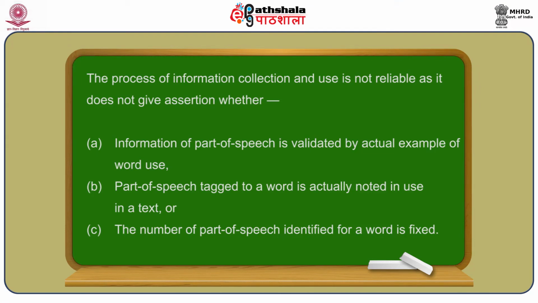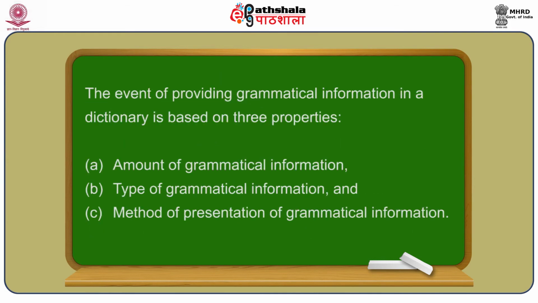Then come the grammatical rules. Normally the standard dictionaries provide a very small amount of grammatical rules because they are very readily available. But with reference to the corpus, we can get a lot of information about it: the amount of grammatical information, the type of grammatical information, and the method of presentation of grammatical information.